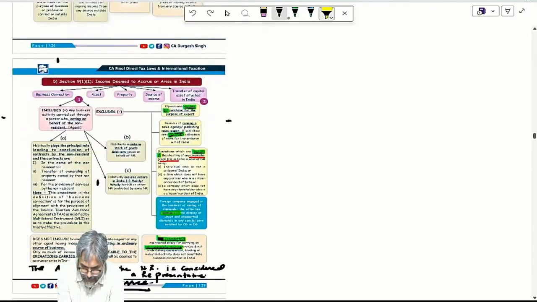So, like income 9(1)(i), we're doing 9(1)(i) only.